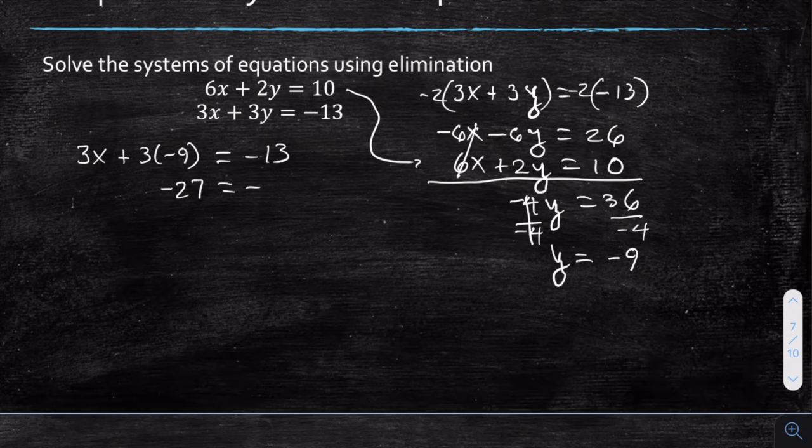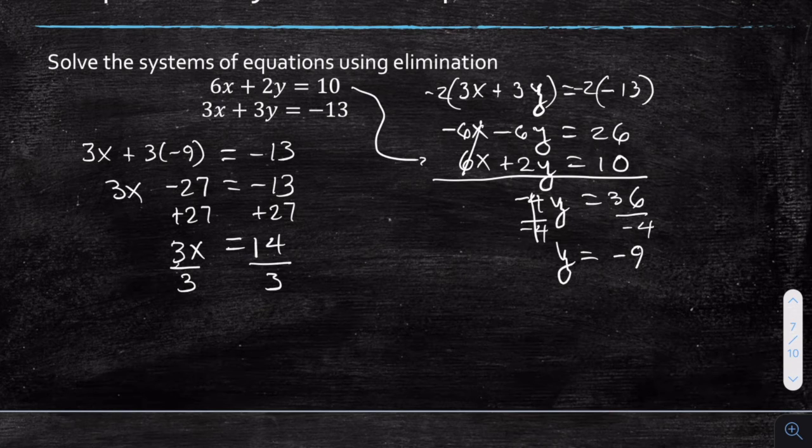So we're going to rewrite this again, and I'm going to add 27 to both sides. So that's essentially 27 minus 13, isn't it? 7 minus 3 is 4, and 2 minus 1 is 1. I get 14. And I got 3x is equal to 14. If I divide both sides by 3, I have solved for x. So 3 cancels 3. X is equal to 14 over 3. So my answer is 14 over 3, comma, negative 9.